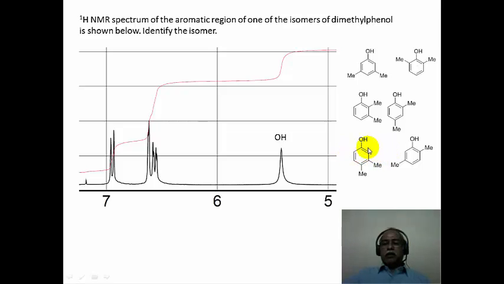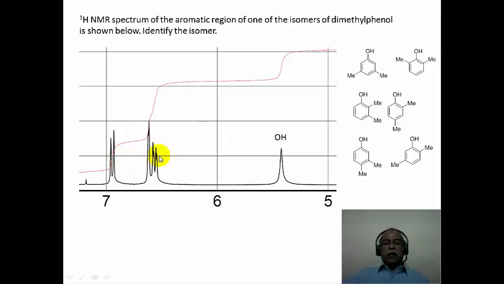In other words, electrophilic substitution will occur only at this position. That is an indication that they are electron rich in nature. As a result of the higher electron density in the ortho position, the hydrogens are going to be highly shielded. So they come much lower in value compared to the one that is in the meta position or in the para position.